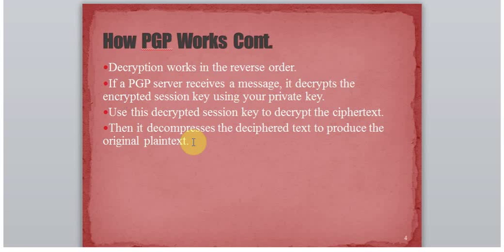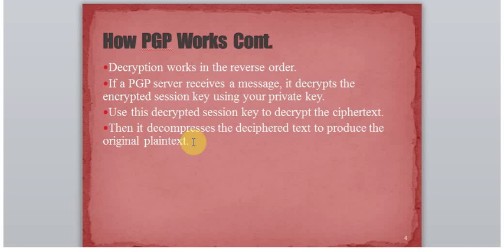The decryption works in the reverse order, that is, at the receiver's end. If a PGP server receives a message, it decrypts the encrypted session key using the private key, and this decrypted session key is used to decrypt the ciphertext.